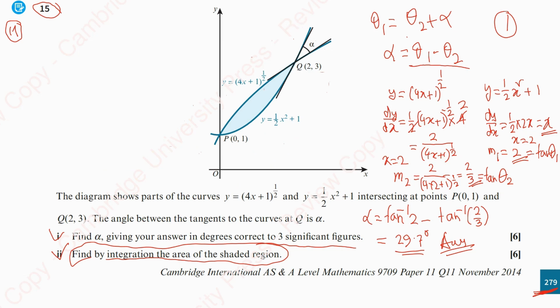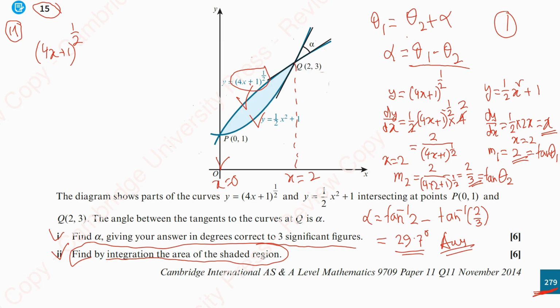We have to define which curve is given above. This is the curve given above, that is the curve given below, and both of them intersect at the point where x equals 0, and another point where x equals 2. So we put the above curve first, which is (4x plus 1) to the power half.